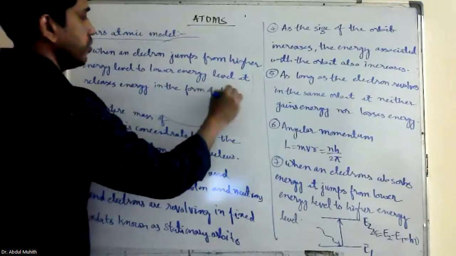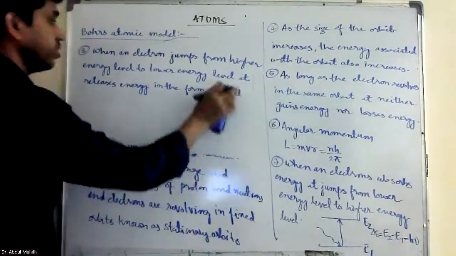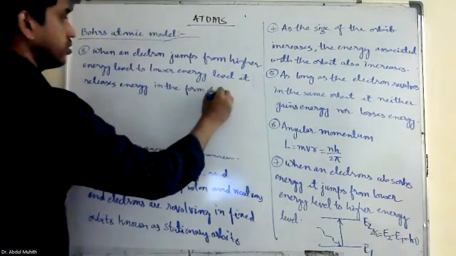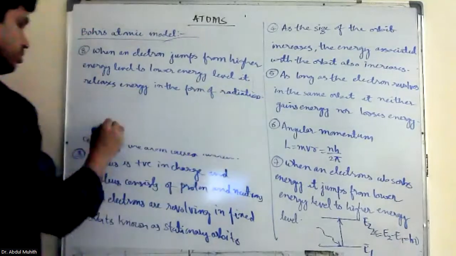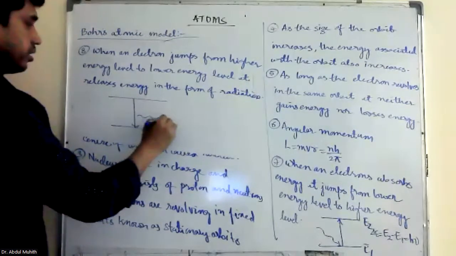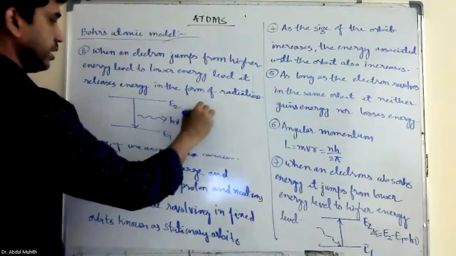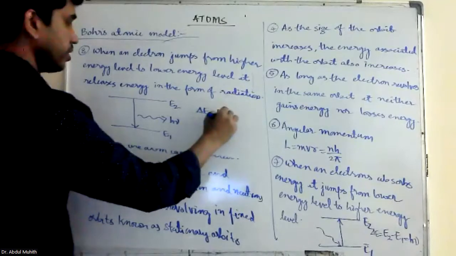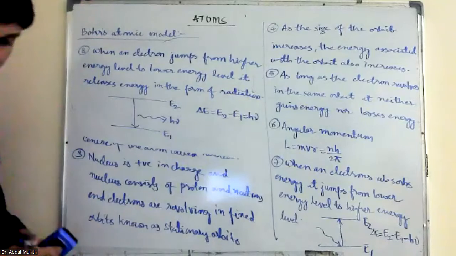Or we can say in the form of radiation. We can't say only light, because it can be in the infrared region also. So when it is jumping, it releases energy E2 minus E1. This is h nu. So delta E is equal to E2 minus E1, which is equal to h nu. This is the formula. Clear?